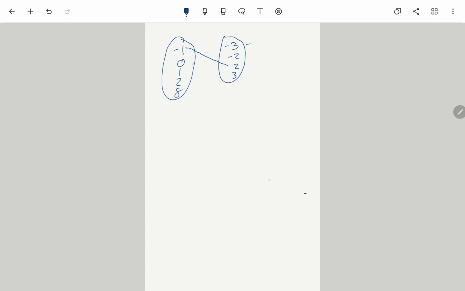First, remember, if the x repeated, that means not a function.